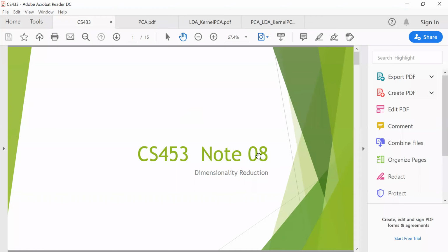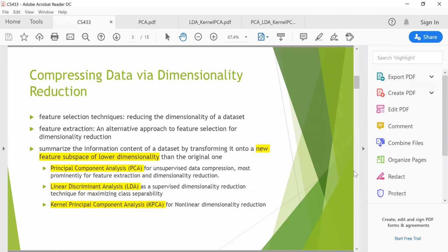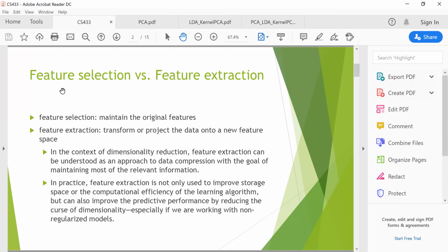Okay, so last class, I remember we started the dimensionality reduction discussion. And we also went over the difference about feature selection, because previously we discussed feature selection. Over here, dimension reduction is more about feature extraction.